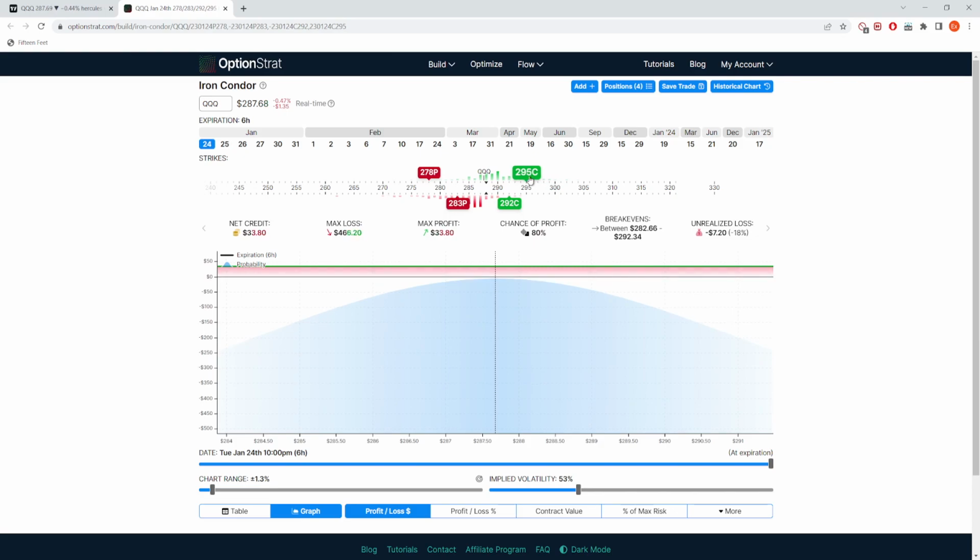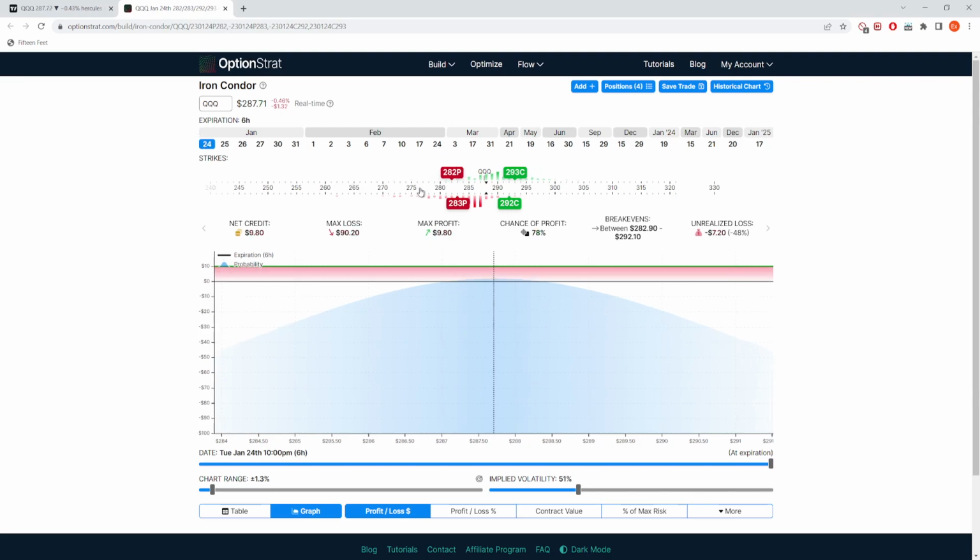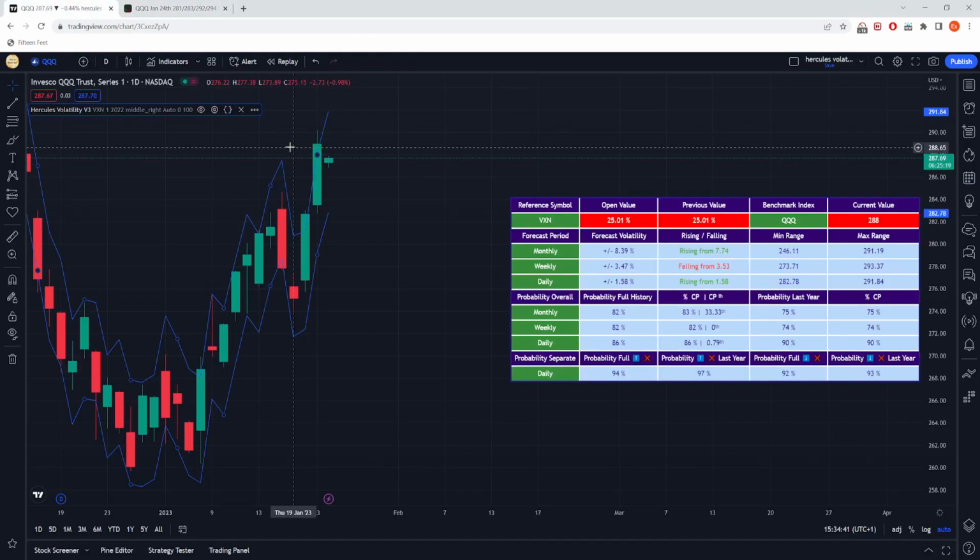We can go with the 5 spread. Not such a big difference, but we can go something like this. Maybe a 2 spread is better. Yeah, this is what we can go with. This would be a very good trade for us.